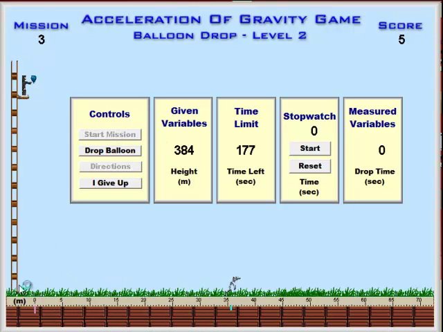And you are at a given height, which is one of the given variables. You do have a timer, so you can only spend so much time on the session. You can figure out the velocity of the running quote-unquote people by using the stopwatch and measuring the distance.